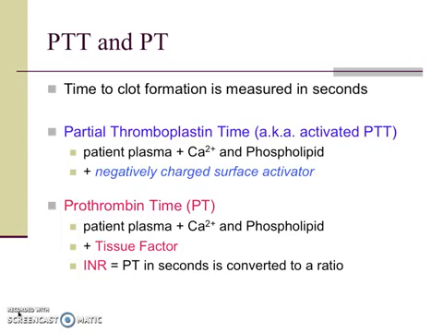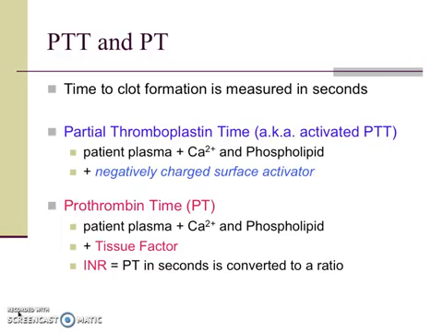This forces coagulation to proceed down the intrinsic pathway preferentially in the testing environment. The time to convert liquid plasma into solid plasma is measured in seconds, and the result is reported as the PTT.